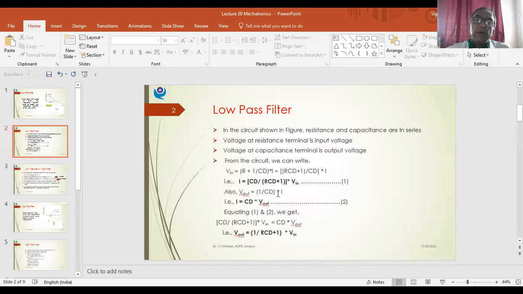So I is equal to, you know how this equation 1 is obtained? V in is equal to RCD plus 1 upon CD, the entire bracket multiplied by I. I am solving it for I. So I will be equal to CD in the numerator, CD upon RCD plus 1 in the denominator, the entire bracket multiplied by V in. This is equation number 1.